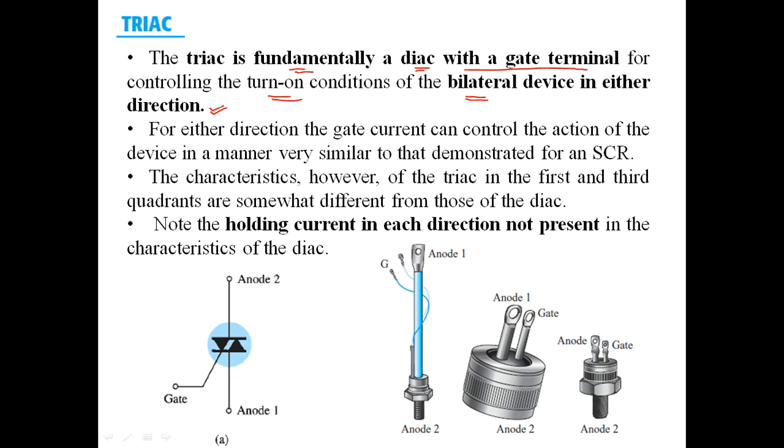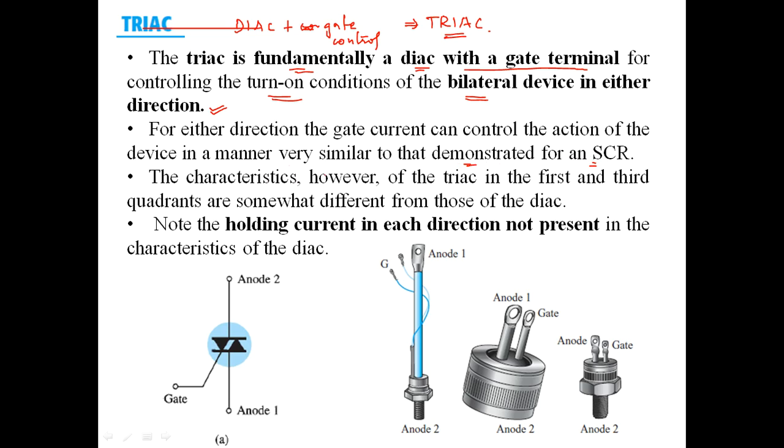So it's very clear and very straightforward. Diac plus gate control becomes a triac, as simple as that. For either direction of the gate current, the controlling action of the device is similar to that of an SCR.